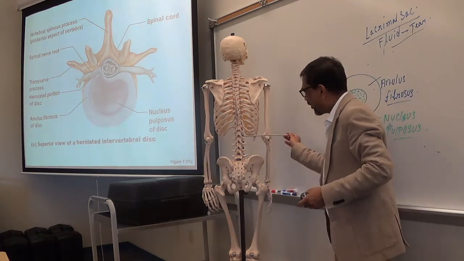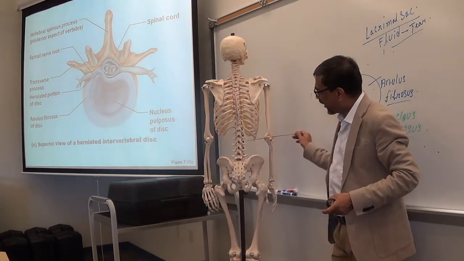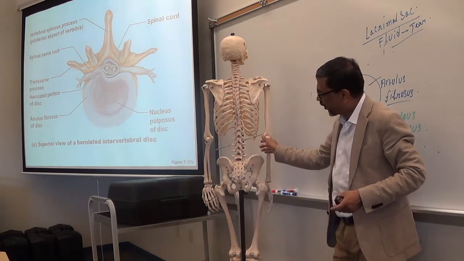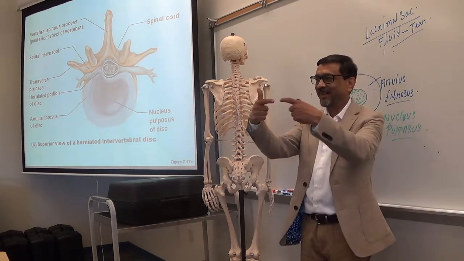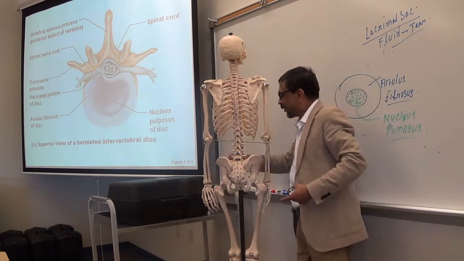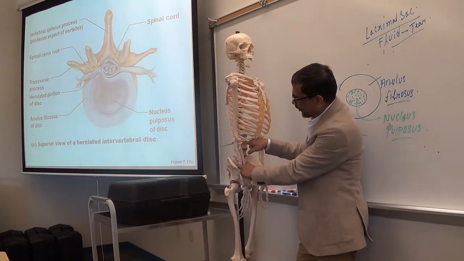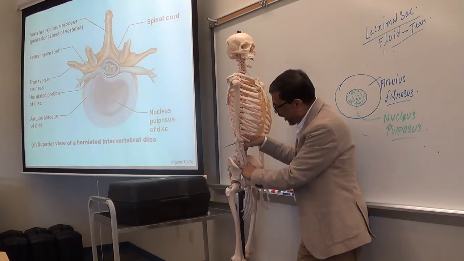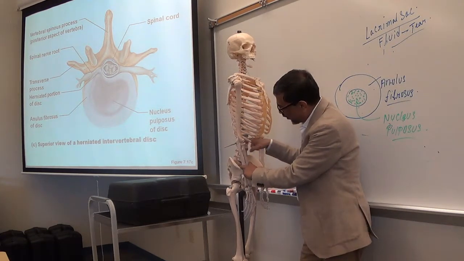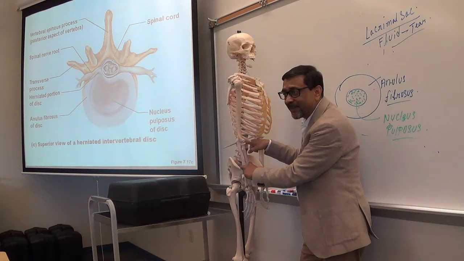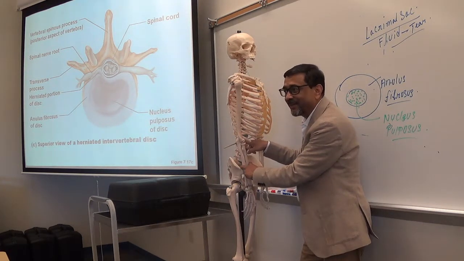From the spinal cord, 31 pairs of spinal nerves come out like this, from both sides. And when now you look here, this is the intervertebral disc, right? So if it slides backwards, gets out backwards, then immediately behind it you have the spinal nerve, right?